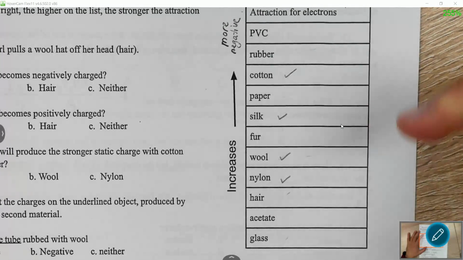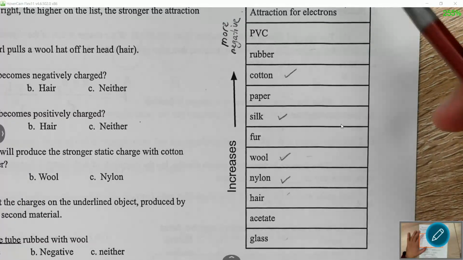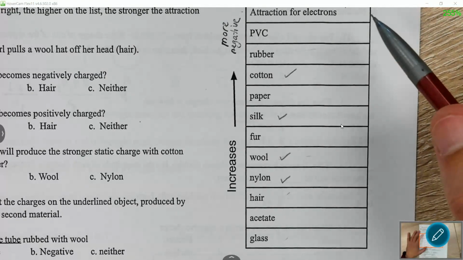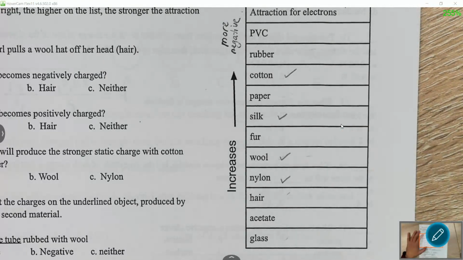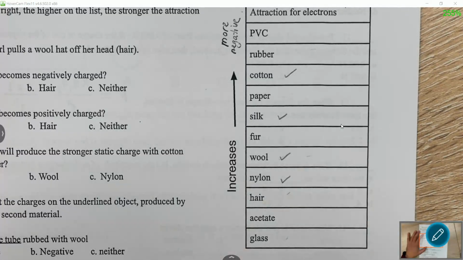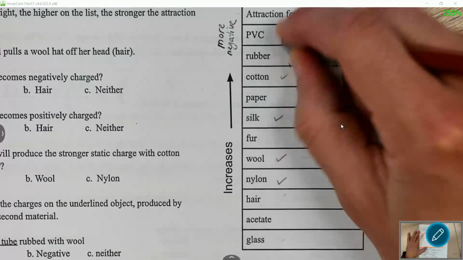Let me phrase it like this. Do you think you can take more electrons from someone that's weaker or someone that's stronger? If I'm pretty strong and you try and take electrons away from me, you're not going to be able to take that many. But if it's a little kid holding a bunch of electrons, you'd probably be able to take more because they're not as strong. It's a silly analogy, but it's essentially how it works.